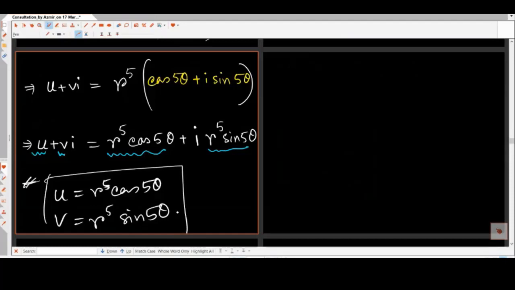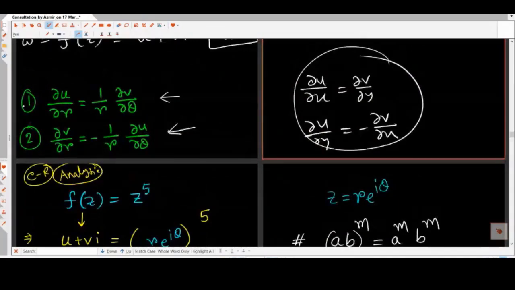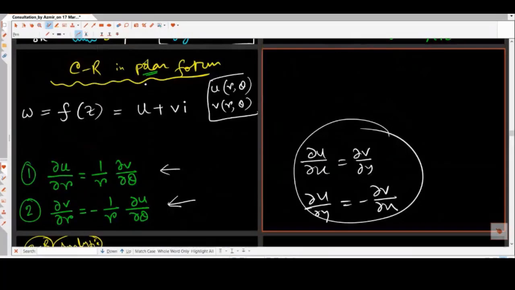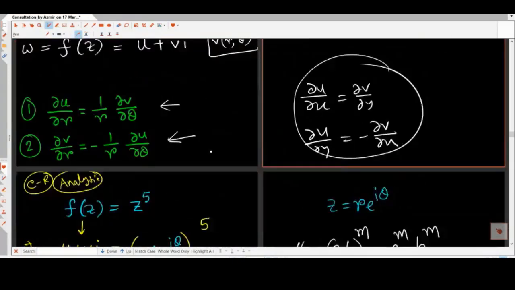So let's have a look at the first and second equations of Cauchy-Riemann in polar form. We need to find du dr, dv dr, du d theta, dv d theta. So this time we have to differentiate u and v in terms of r and theta separately.